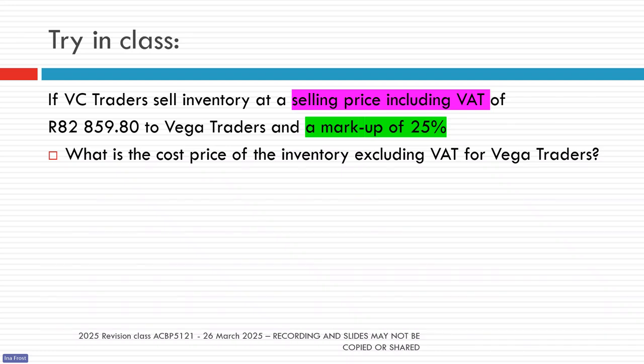I'm giving you a selling price that already includes a markup of 25% and VAT of 15%. And I'm asking you now to go back and find the cost price. I'm just going to pause for about 10 seconds, so quickly see if you know what to do. Can you get back to the cost price?